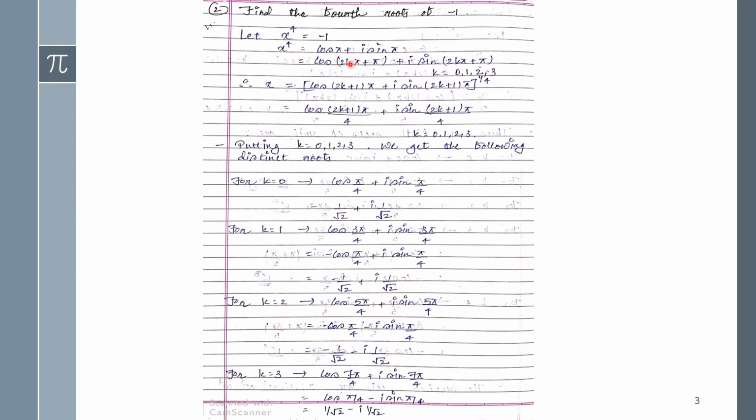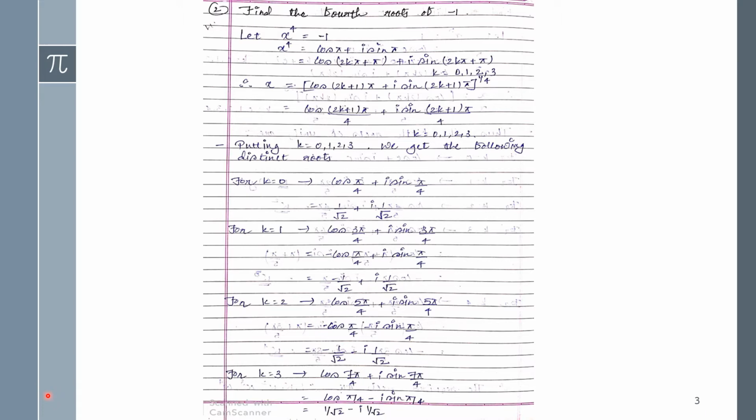Now after that, you have to convert -1 into the cis form, cis meaning cos theta plus i sin theta form. You have to think what values of sine and cos will give the outcome -1. So here I have written cos pi plus i sin pi, because the value of sin pi is 0 and the value of cos pi is -1.